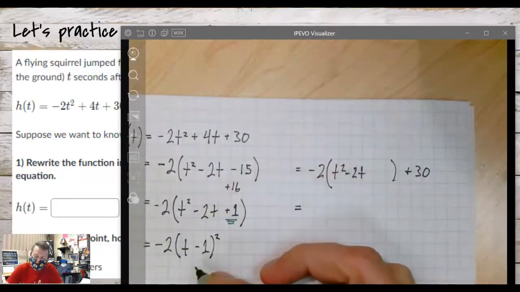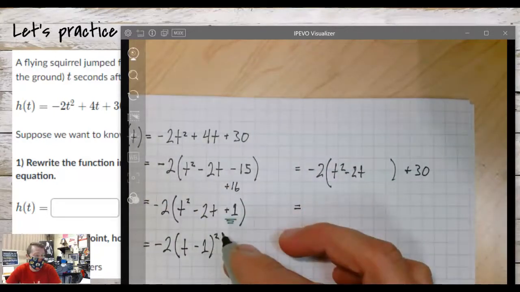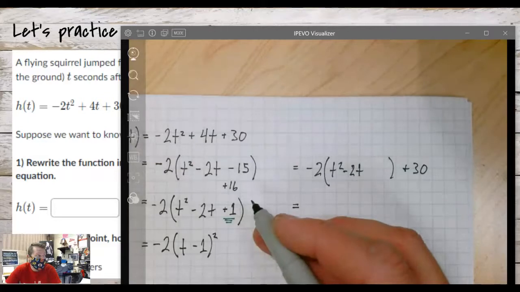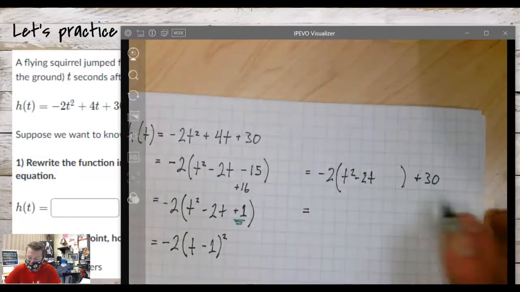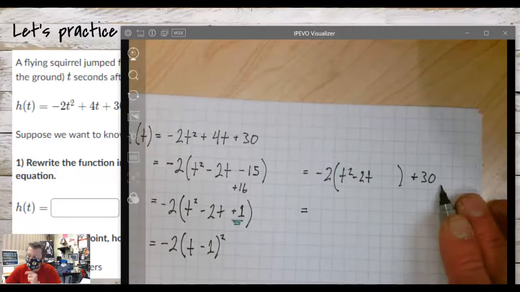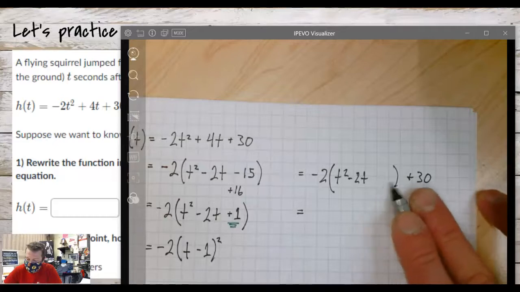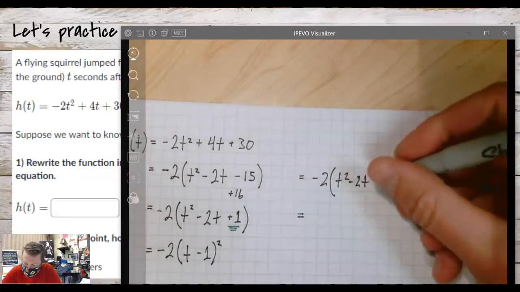We can do it this way, but the reason I showed you the other way is this just gets really complicated. It's not like bad, it's just complicated. If over here I leave the 30 out on its own, then this we said needs to be a +1.